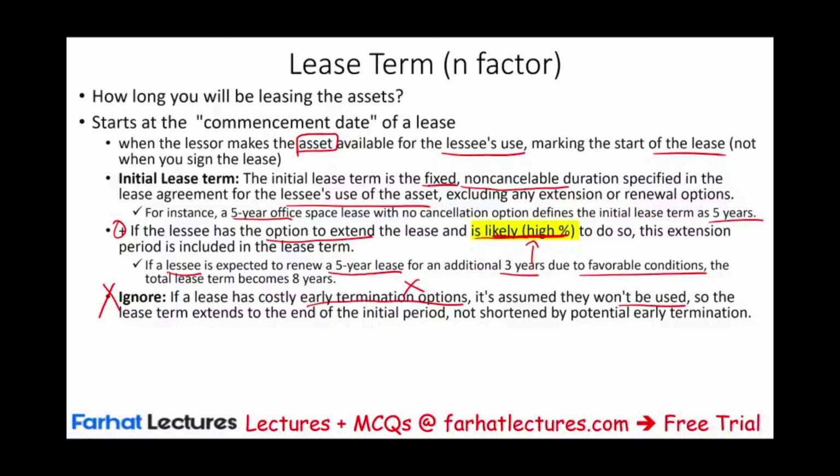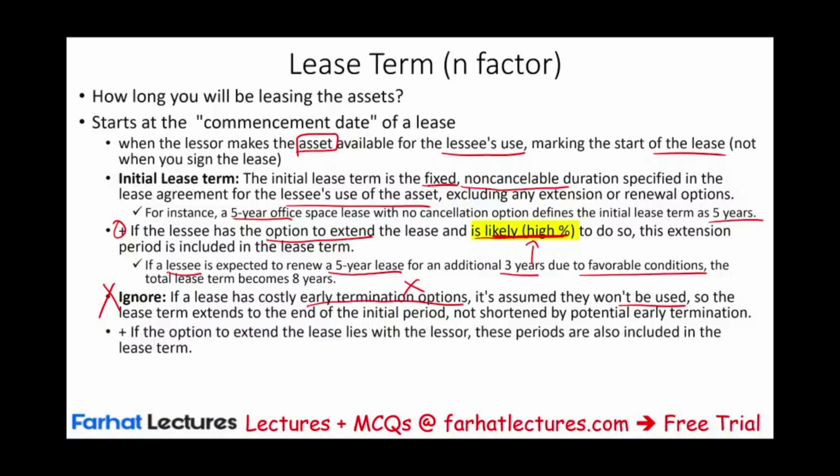Oftentimes, when we take the lease out, we assume it's not going to be broken, because it's very costly to break it, therefore we don't include this, unless they tell you in the problem that the lease is expected to be canceled early, which will include the penalty. If the option to extend the lease lies with the lessor.